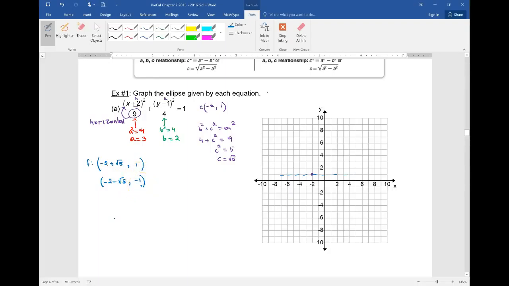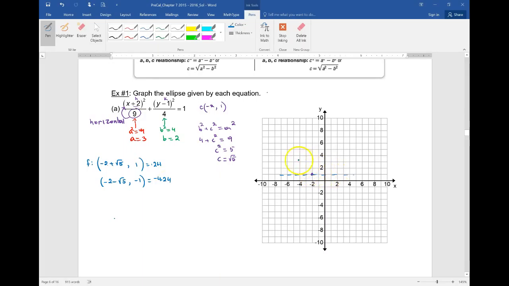Okay? All right. So with our calculators, how much is negative 2 plus root 5? It's 0.24 for this one. I'll get you in a second. And it's negative 4.24 for this one. From the center, you have two foci.